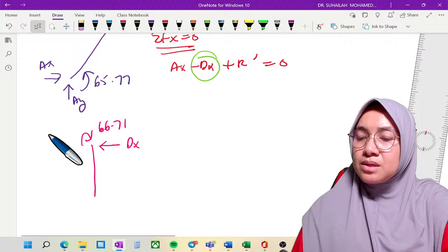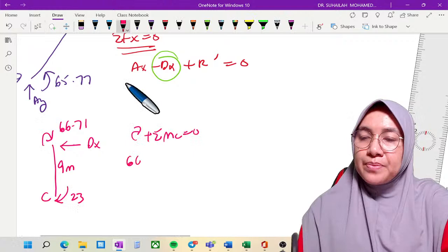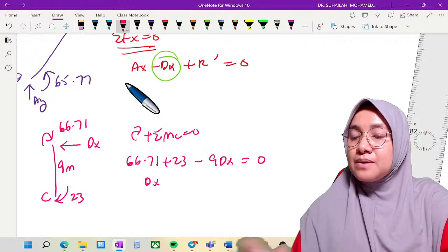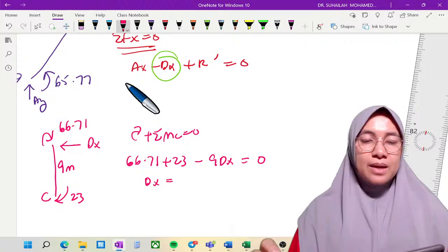So we can get DX by taking moment at C. So 66.71 plus 23 minus 9 DX is equal to 0. So DX will be equal to 66.71 plus 23 divided by 9. So we get 9.97 kilonewton. So this is for D.